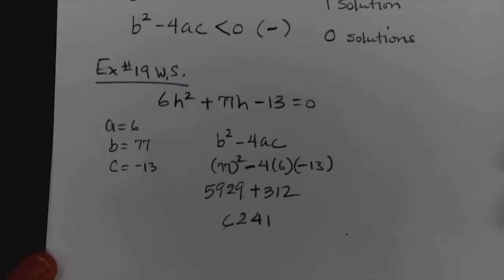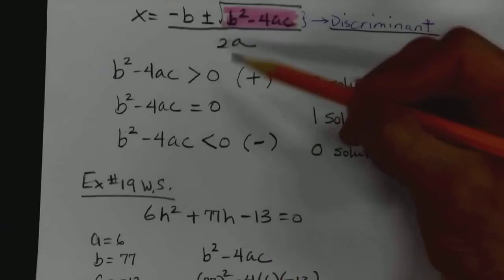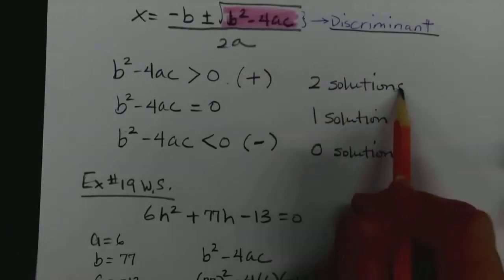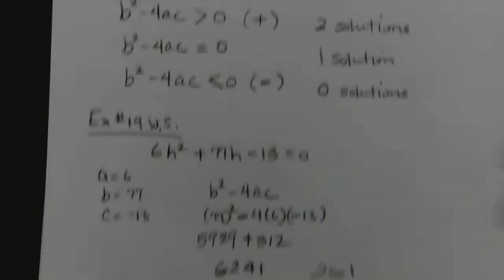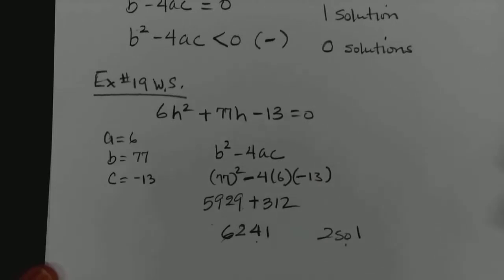How many solutions do I have? 6,241. 2 solutions. This is a positive number, right? Is it greater than 0? This has 2 solutions. Okay? So you tell me how many solutions, and because this is greater than 0, you have 2 solutions.